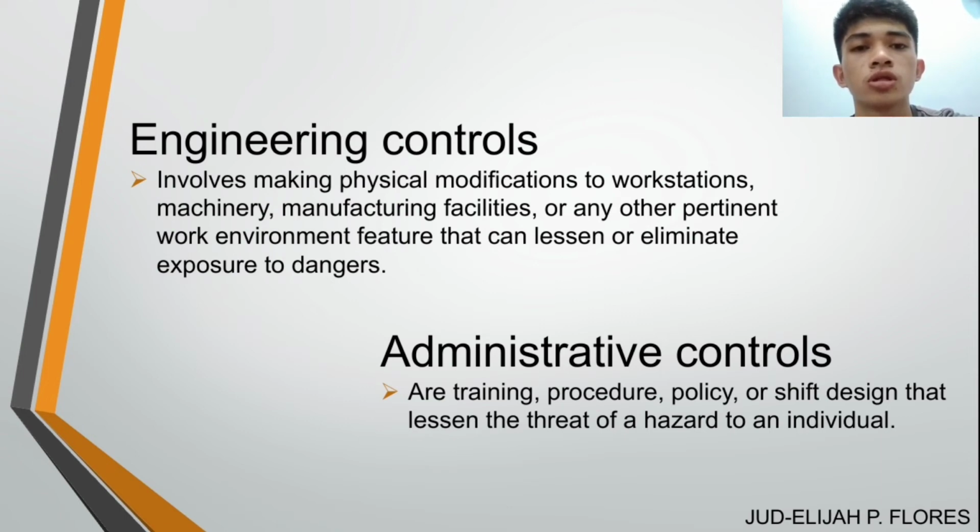The fourth control measure is administrative control. Administrative controls are training, procedures, policies, or shift design that lessen the threat of hazard to an individual. Administrative controls typically change the behavior of people rather than removing the actual hazard or providing personal protective equipment.